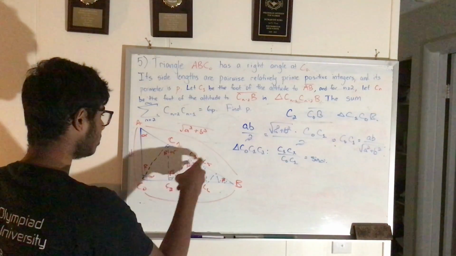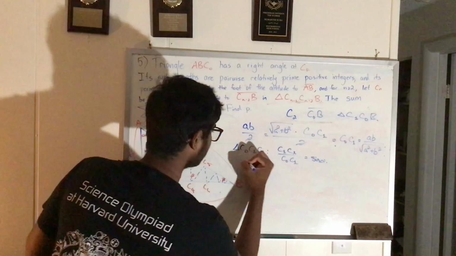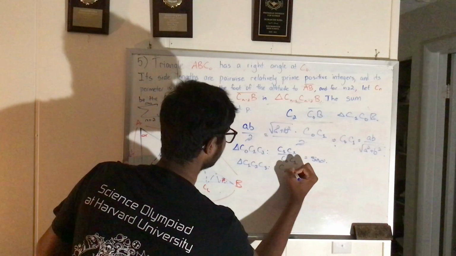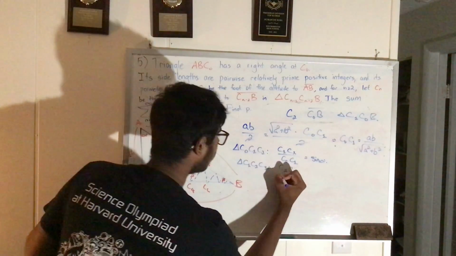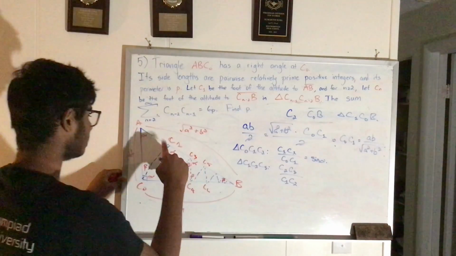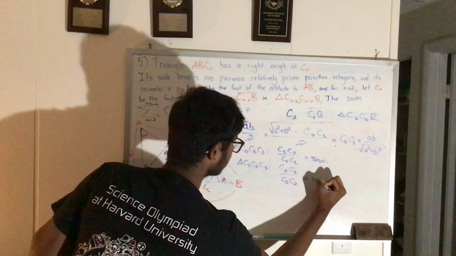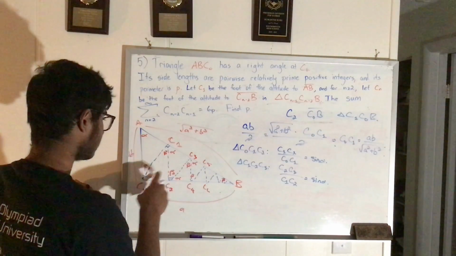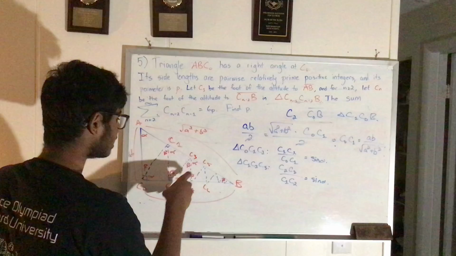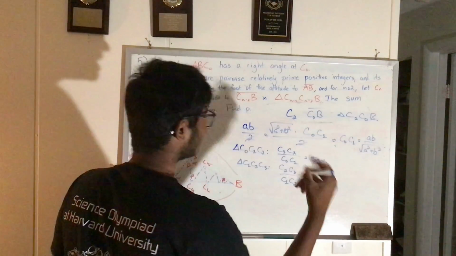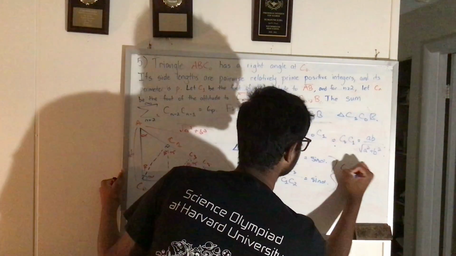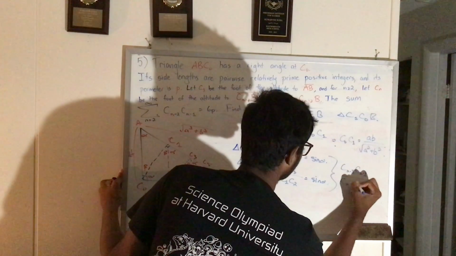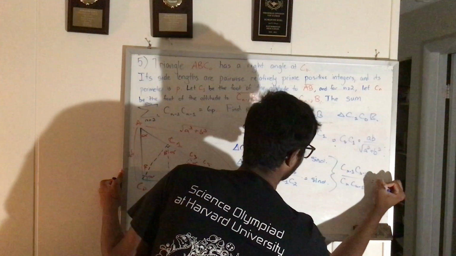So C2C3 over C1C2: in triangle C1C2C3, this segment C2C3 over C1C2, which is this segment, also equals sine of alpha, because the angle opposing C2C3 is alpha, as is the angle opposing C1C2 here. And it's like that in every single triangle. And so we can just say generally, Cn-1Cn over Cn-2Cn-1 equals sine of alpha.